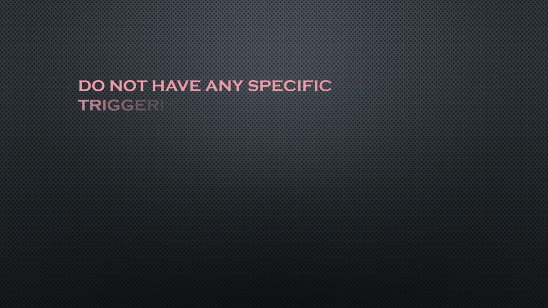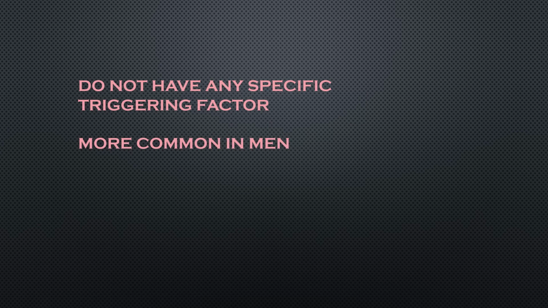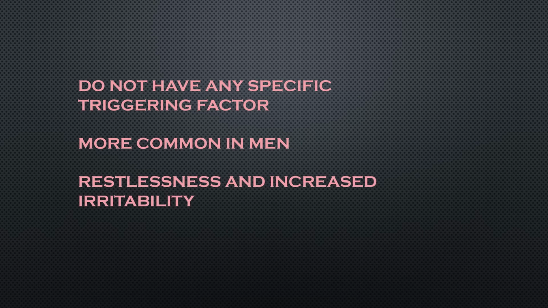Now let us see how cluster headache varies from the other two types of primary headaches. Unlike migraine headache and tension headache, cluster headache does not have any specific triggering factors. Men are more commonly affected than women, and there is increased restlessness and irritability seen in people suffering from cluster headache, unlike what we saw in migraine headache, where people lie still and motionless, as migraine headaches are aggravated by movements.